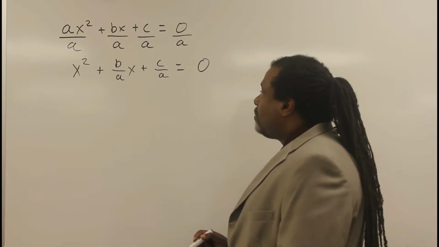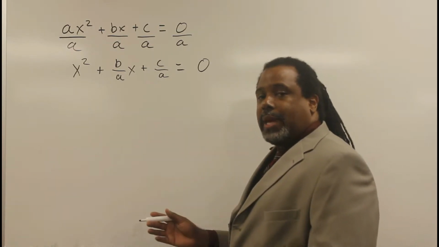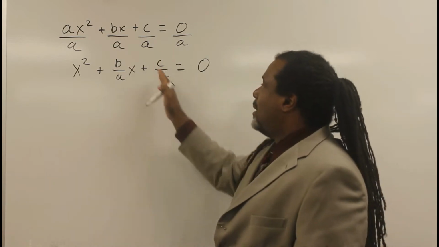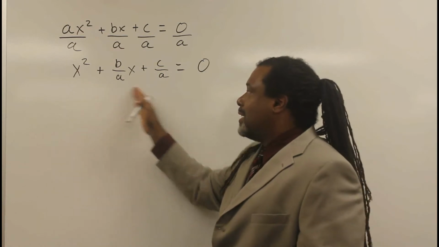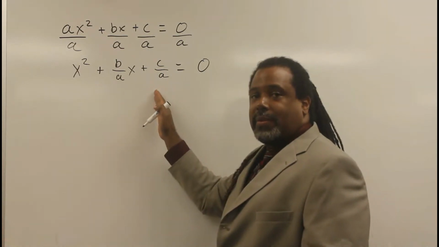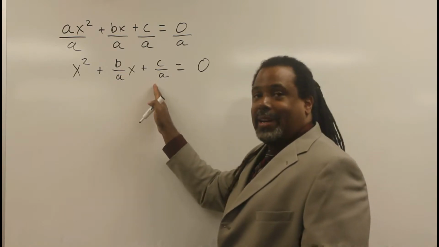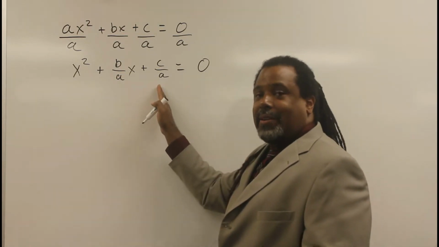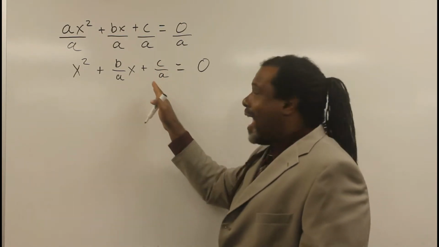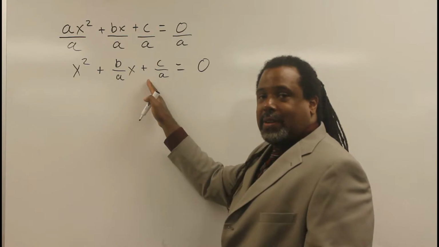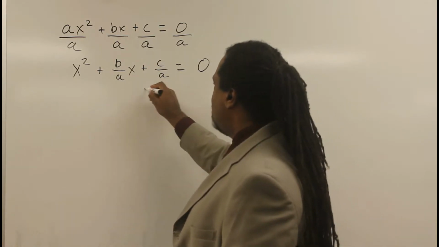So now, our next step in completing the square is going to be to find this c term that will make this side of the equation a perfect square trinomial. But first, we have to get rid of the c term that currently exists. So since we have a c over a added to this side of the equation, we have to subtract it from both sides of the equation.